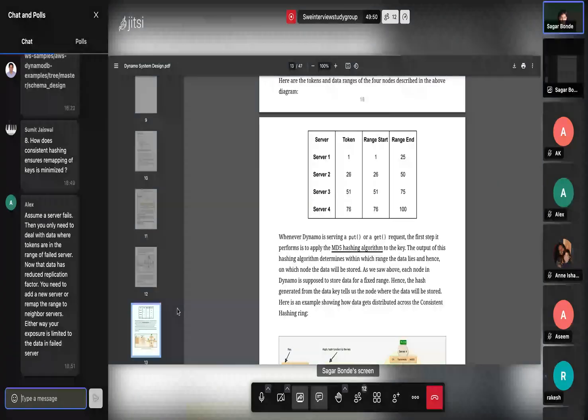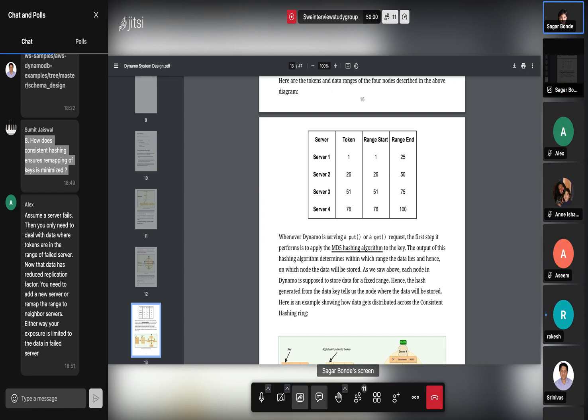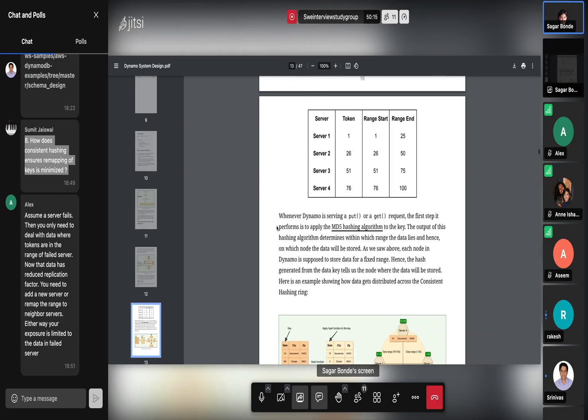My understanding is they built it uniquely. It's a key-value store. Maybe Cassandra is their reference, but I don't know.